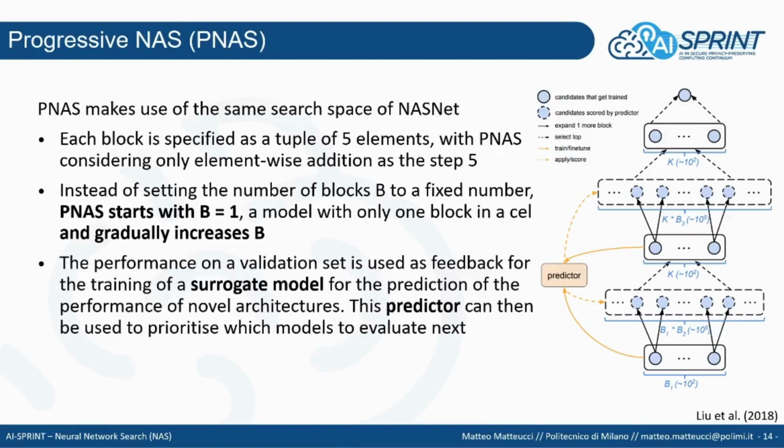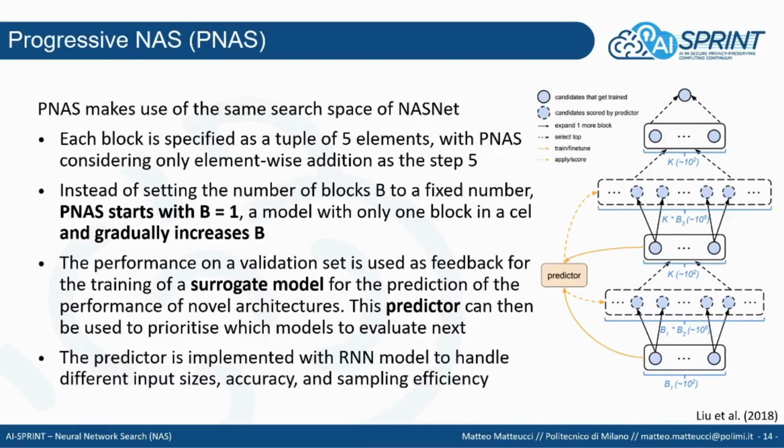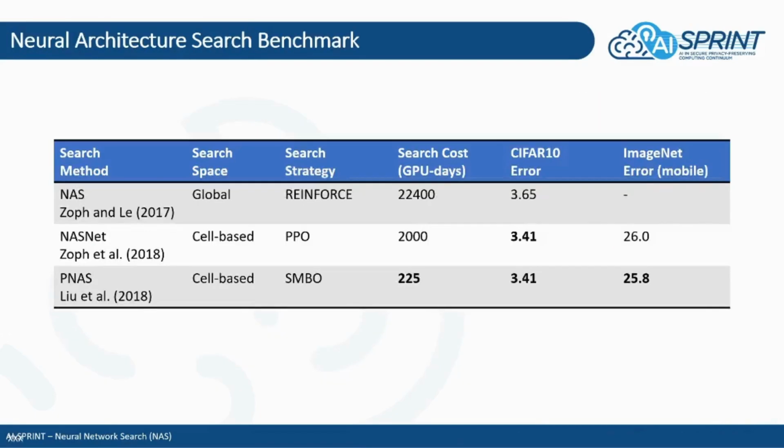Another important step in the PNAS strategy is not to evaluate all the networks, but to use a surrogate model to predict the quality of a network. By doing this, we don't have to train and evaluate each new candidate architecture or candidate cell. We predict its score, and this is way faster than testing and training the new architecture.